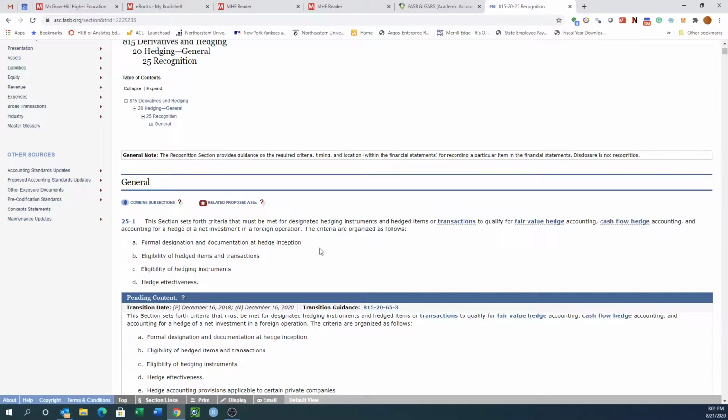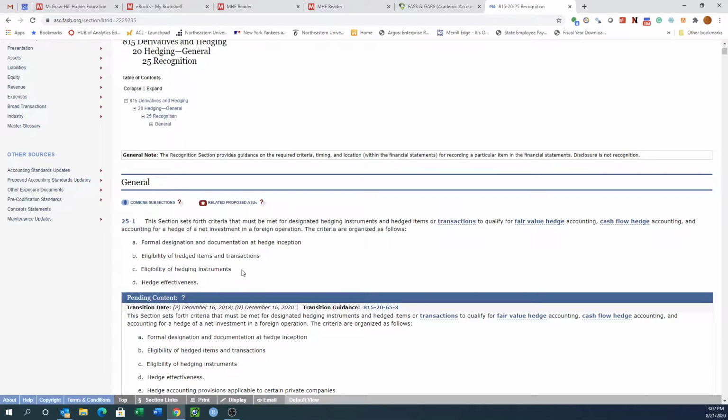There has to be formal documentation and designation at the inception of the hedge relationship. The hedged item or hedged transactions, this is the risk that you are focused on. Those have to be eligible hedged items and hedged transactions.